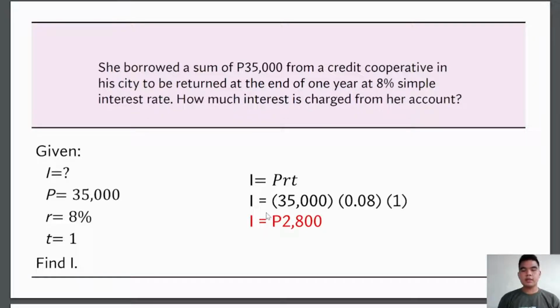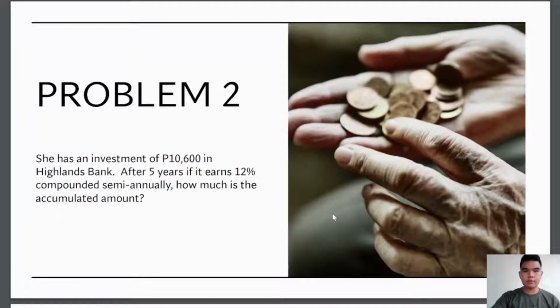By that, interest is equal to 35,000 times 8% or 0.08 times 1. So we get an answer of 2,800 pesos. So for your first problem, the interest charged from your account, miss, is 2,800 pesos. So now, let's get into your second problem.